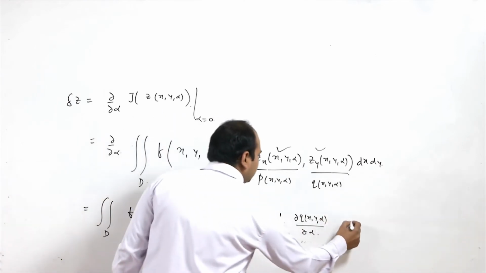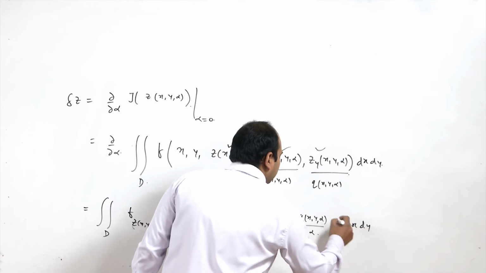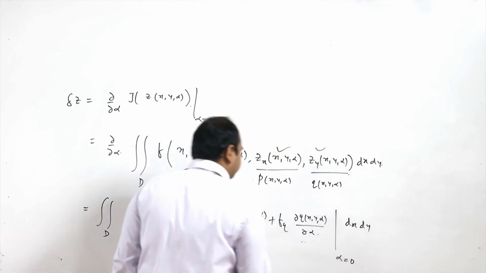And here this is dx dy, at alpha equal to 0.